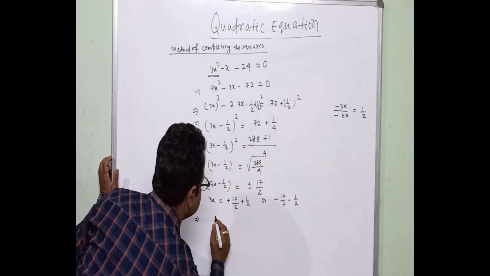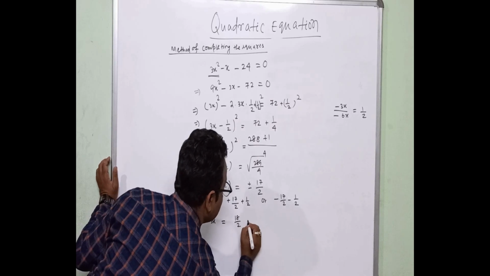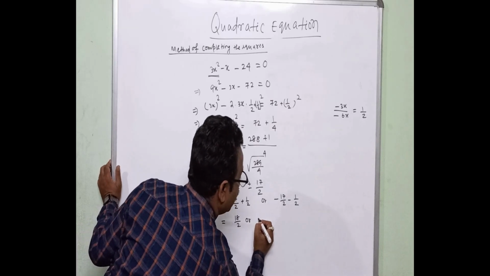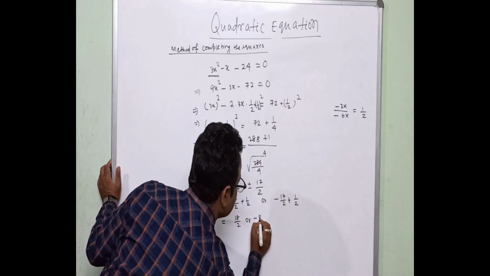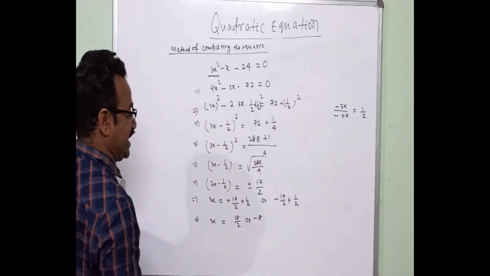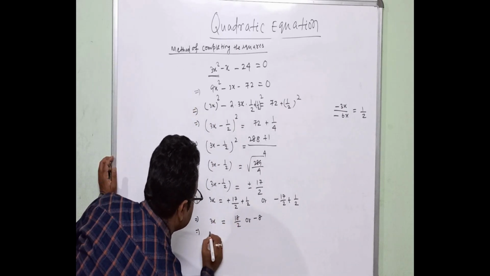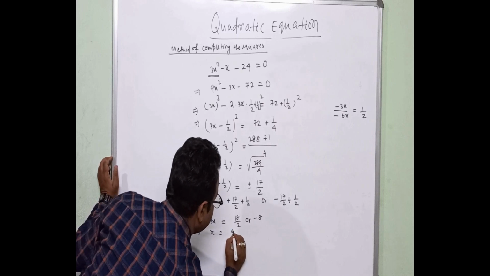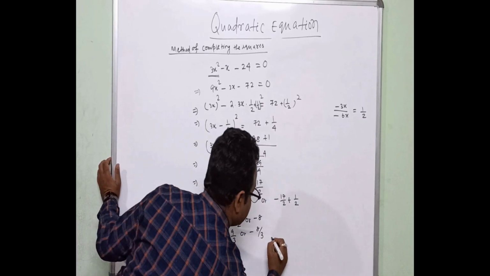That implies 3x is equal to 18 by 2 or minus 16 by 2, so minus 8. I am directly finding the answer. That implies x is equal to 9 by 3 or minus 8 by 3. This is the answer.